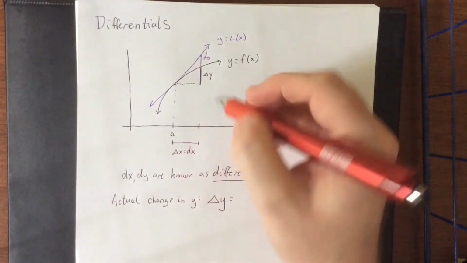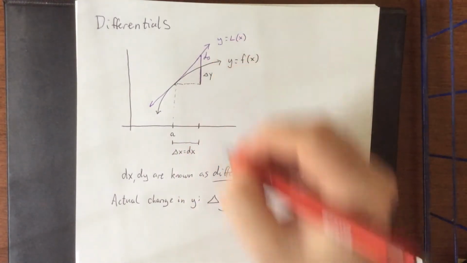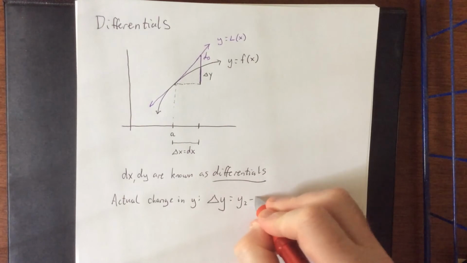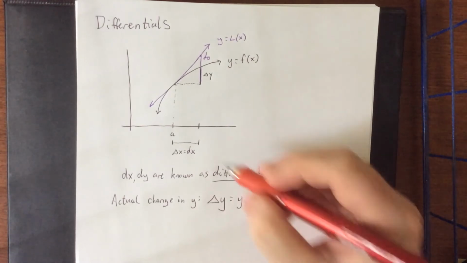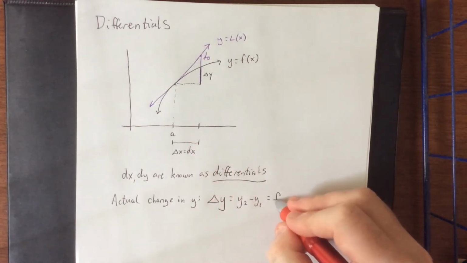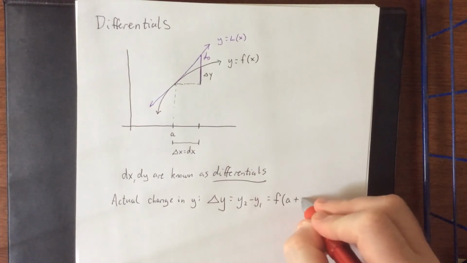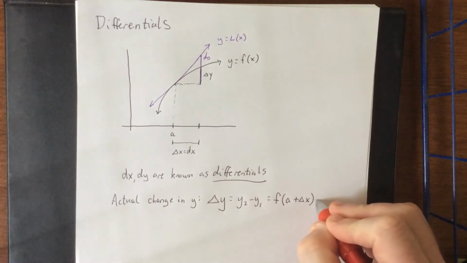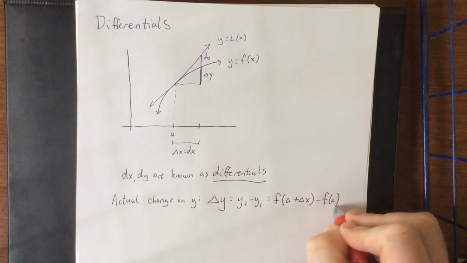And according to our picture here, that would simply be this y value minus this y value, what we could call y2 minus y1. Or if we wanted to actually figure out the x values, we could say that this is f of a plus delta x minus f of a.